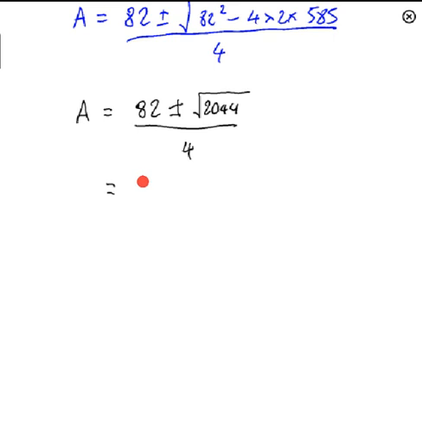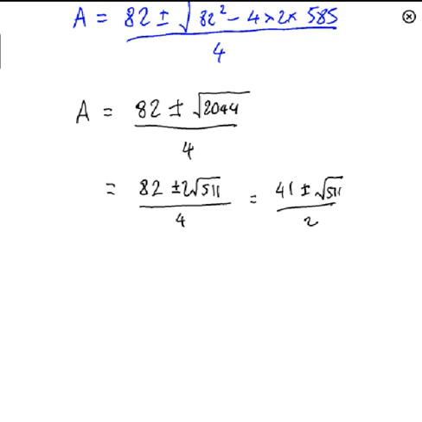That was a bit gruesome, but it does simplify a little. Plus or minus the square root of 500, the 2 lots of 511 over 4. So, what's that? That's 41 plus or minus the square root of 511 over 2.